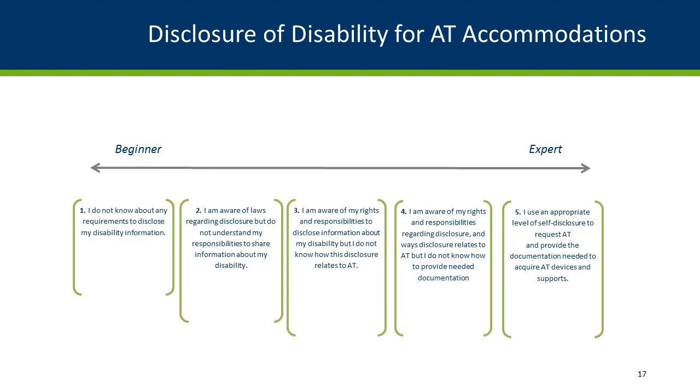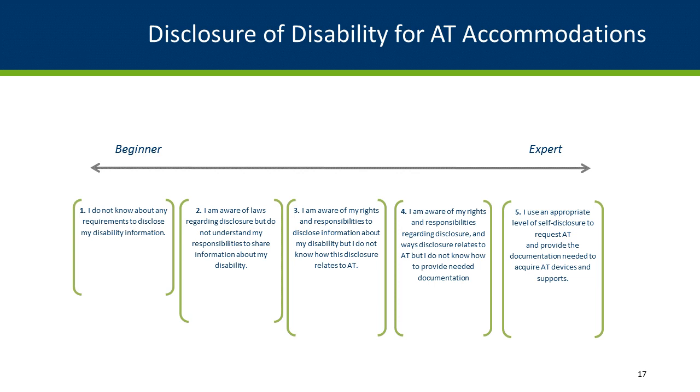Here's the matrix again. I want to remind you that this is a paper document, but also a wonderful online tool that students can use to rate themselves and maybe rate themselves over and over again to see if they're making progress.